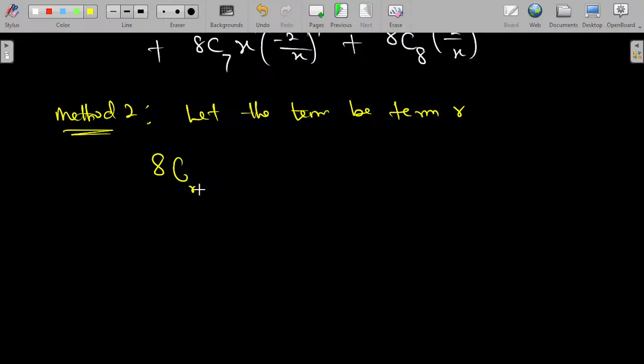So here will be r minus 1, and that is 8 raised to the x raised to the power of 8 minus whatever you have down here, which is r minus 1, then multiplied by minus 2 over x raised to the power of whatever you have down here, which is still r minus 1.